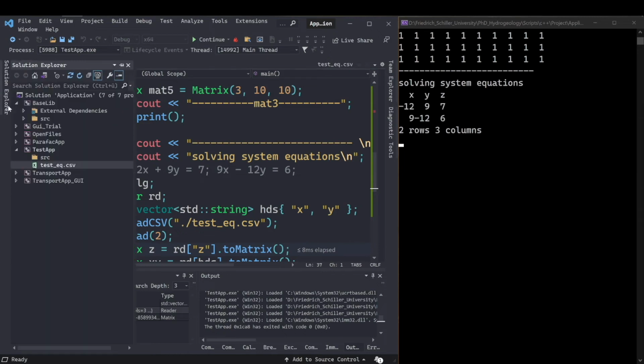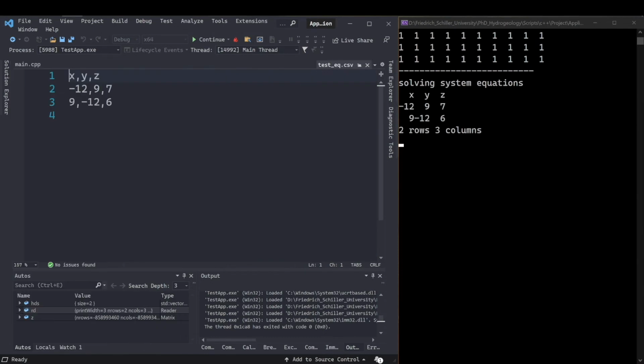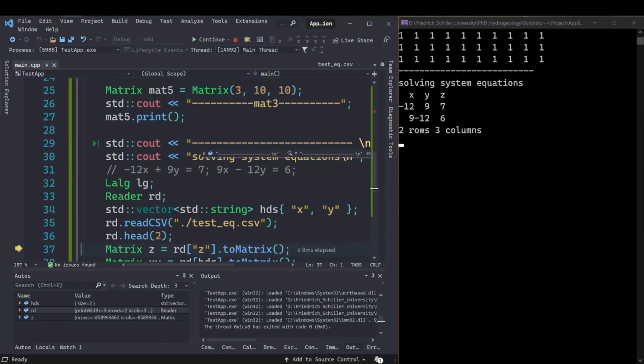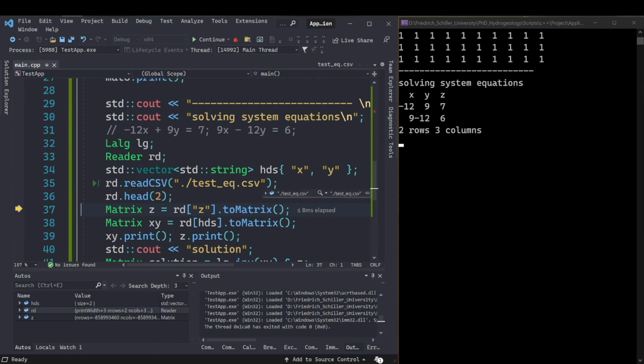I just added this CSV file to our project, so I'll double click on the CSV file for us to visualize the contents. And as you can see, the readCSV function was able to accurately read this data and displayed them on the console. We can also utilize operator functions that are implemented in the reader class to select specific columns of the read data.